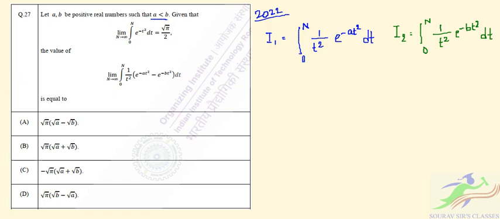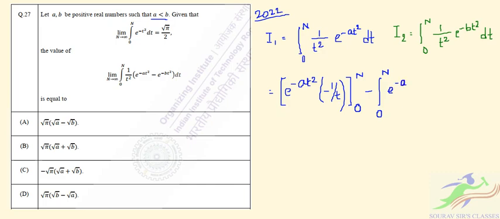If we do the integral over here, it will be e to the power minus a t square times minus 1 by t, from 0 to n, minus the integral of the derivative.